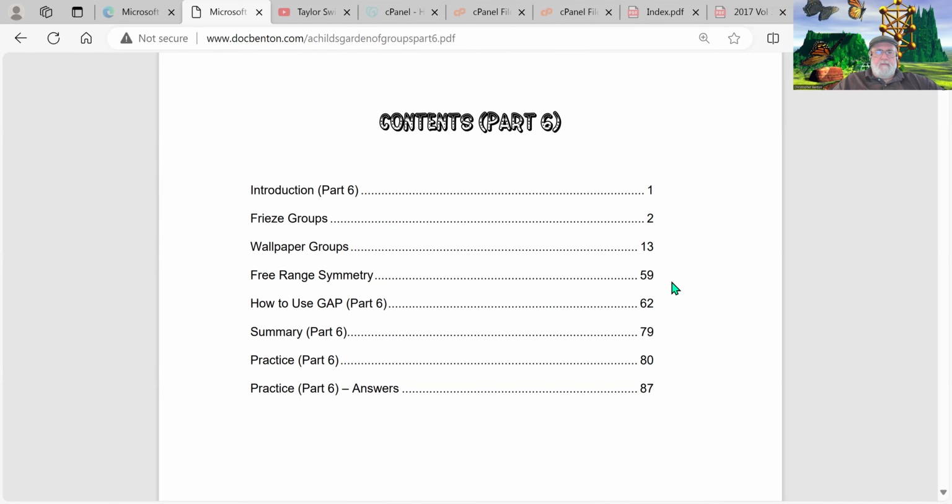And you just sort of focus on that symmetry and ignore the rest of what's out there. And then I get into more lessons on GAP software.